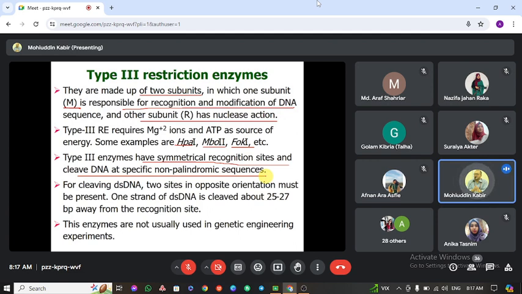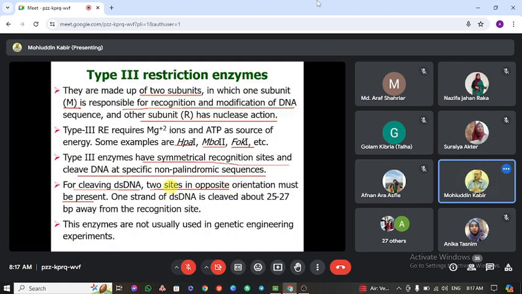But it does not produce a distinct banding pattern, because to cleave the double-stranded DNA, two sites in opposite orientation must be present.